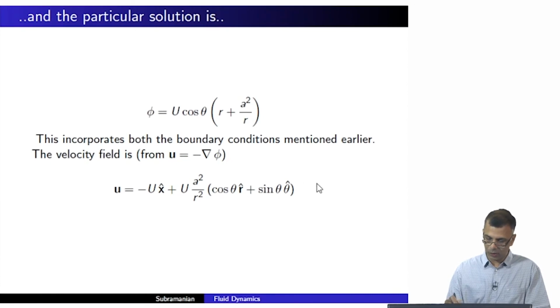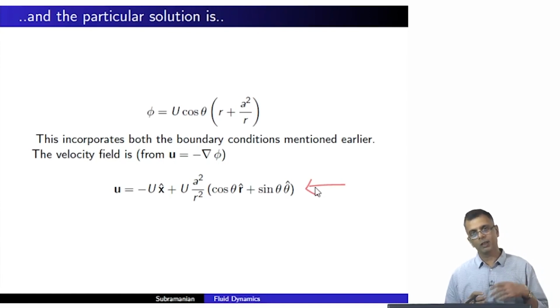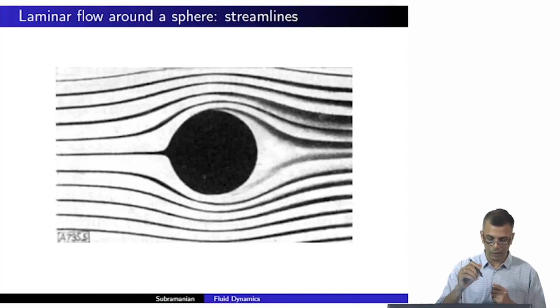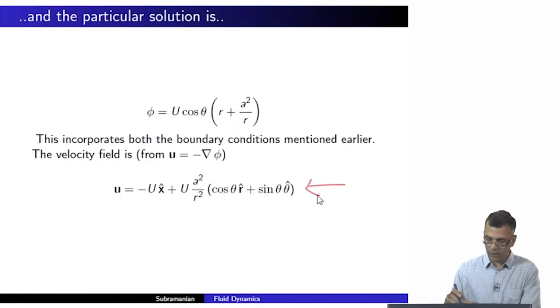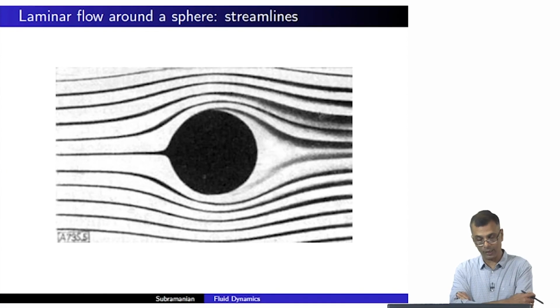This is the solution to the flow of an inviscid irrotational fluid, the same thing really, an inviscid incompressible fluid around a smooth sphere. There you go, right? And what does it look like? That's what it looks like. You plot this as a function of r and theta, and that's what the streamlines look like.